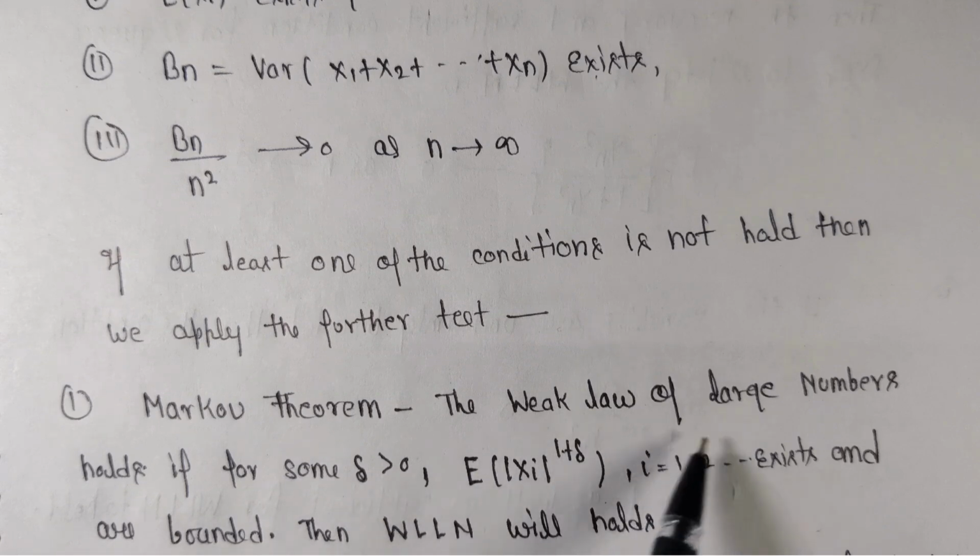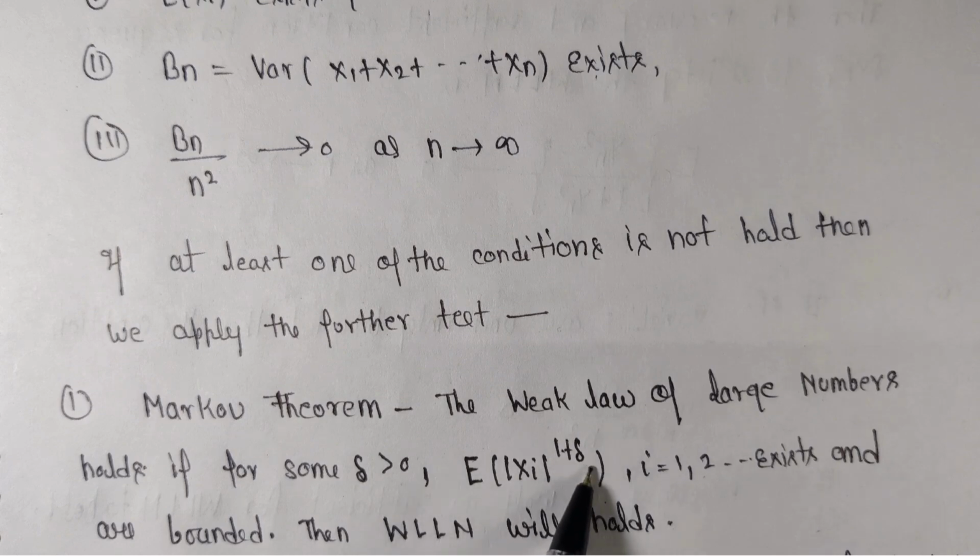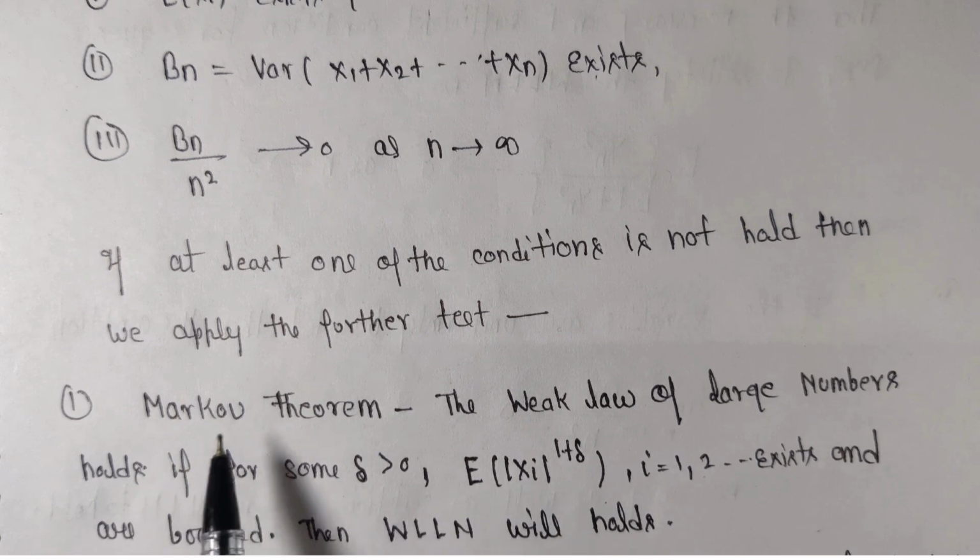The weak law of large numbers holds if for some del greater than 0, the expected value of |Xi| to the power 1 plus del exists and is bounded. That means if the mean of |Xi| to the power 1 plus del exists and is bounded, then the weak law of large numbers will hold according to the Markov theorem.